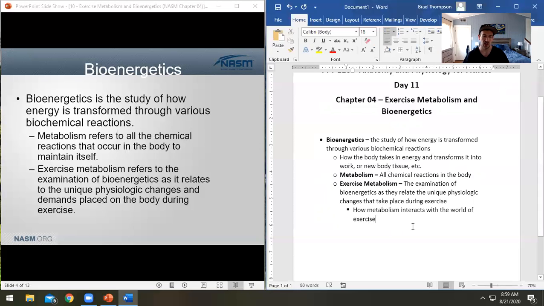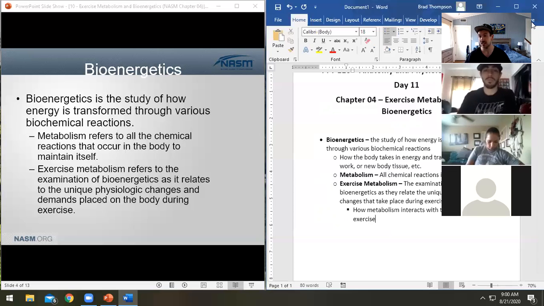And so it's interesting because, most of the time when we learned yesterday, even when we were just talking about glycolysis and the aerobic metabolism, there were definitely times where I mentioned intensity and duration and things like that. But for the most part, all of that was under the understanding that it's happening at a basic level.